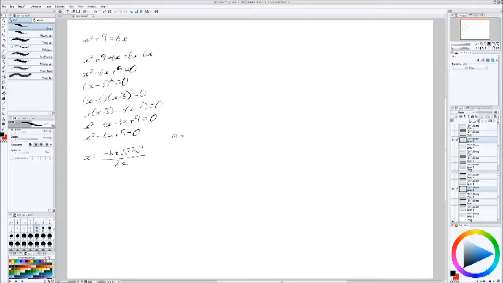And in this case, a equals 1, b equals negative 6, c equals 9, and so we go negative b is going to be 6, plus minus the square root of 36, because negative 6 squared, any number squared will always be a positive, so we have 36 minus 4 times 1 times 9, and 4 times 9 is 36, all over 2 times 1, which is just 2, which means that we have 6 divided by 2, which is equal to 3.